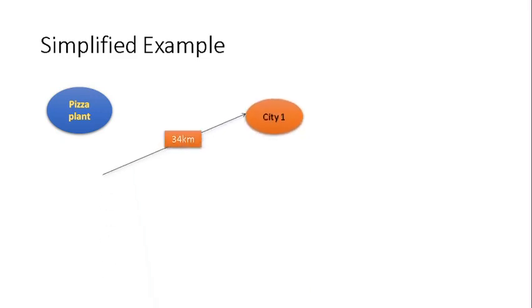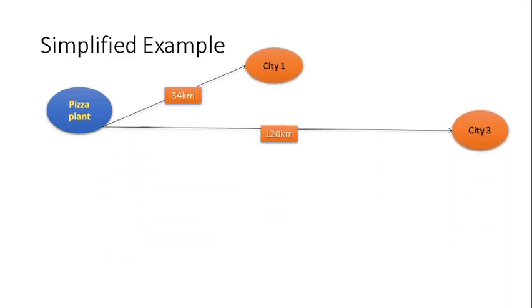As a first example, we set our plant at some place, and we know that we have to deliver our products to three main retailers. Those retailers are located in city 1, 2, and 3, and those are the distances from our plant.